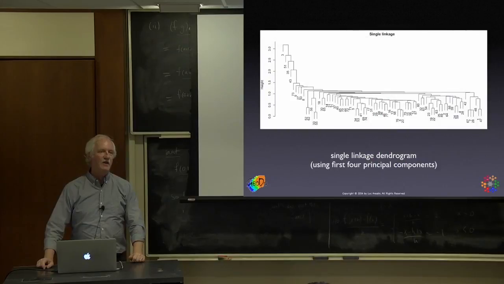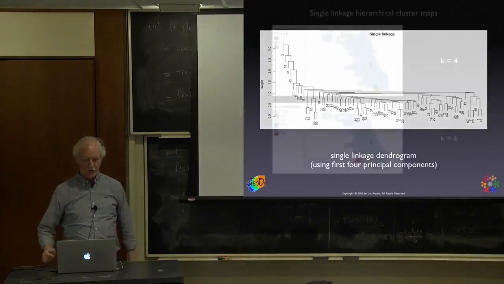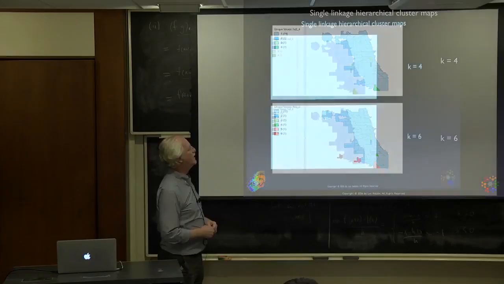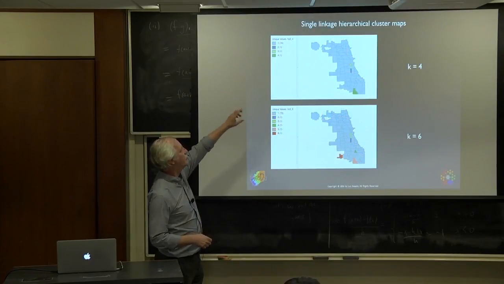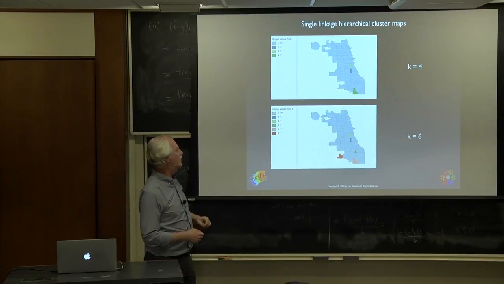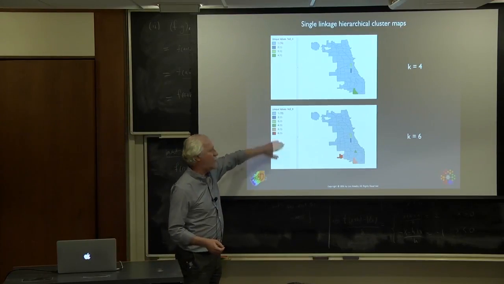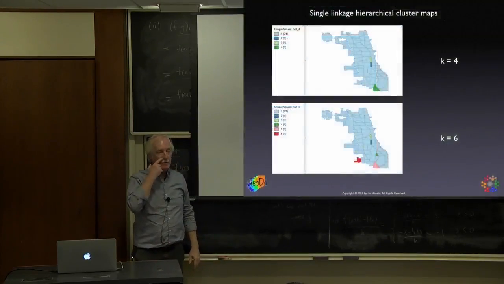This is what you get with single linkage. And of course, we're not going to like this because this is the cluster that we get. One cluster is everything except three singletons. If we go to 6, it doesn't get any better because now we have five singletons.